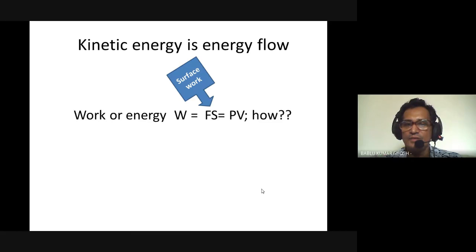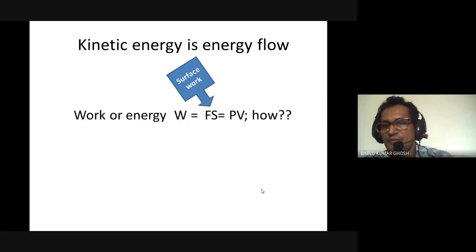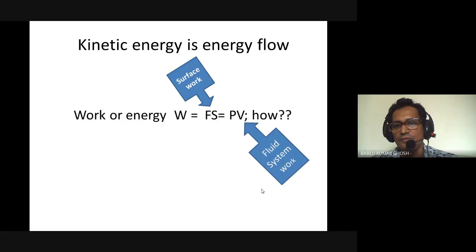Say the surface work, or anything we do, is linear work. That means we apply force and it has some displacement, then it is actually the work. And then if you apply certain energy or force that will expand or compress some volume of a fluid system, the pressure and volume variations will also make work done.